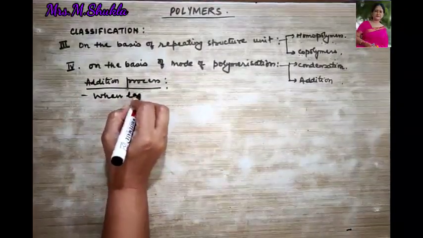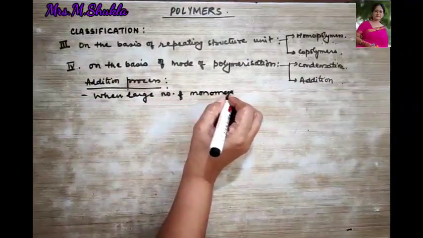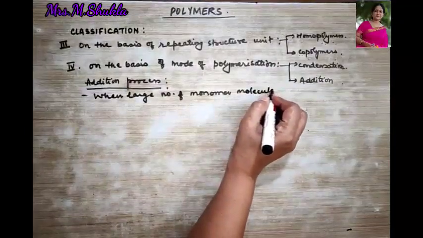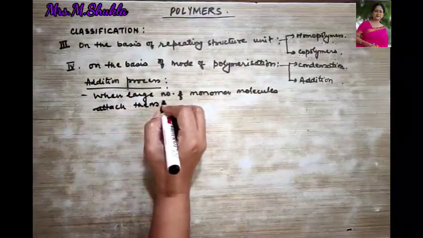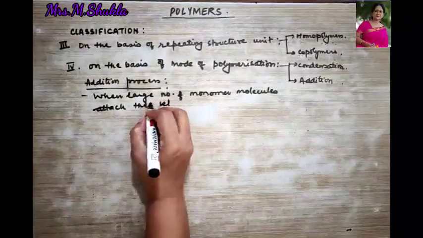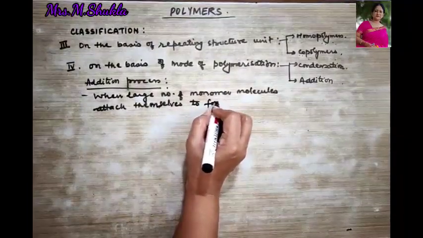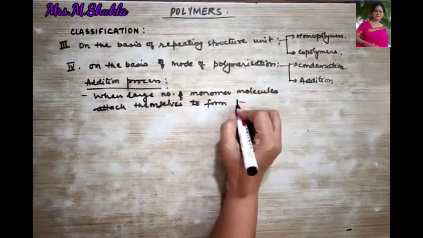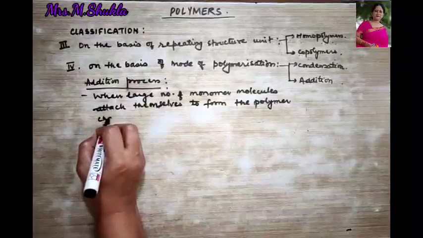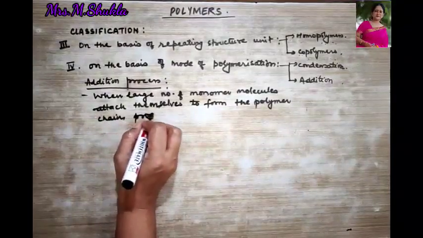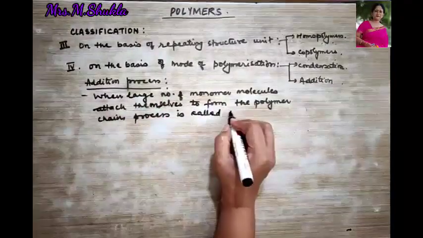That when a large number of monomer molecules attach themselves to form the polymer chain, okay, the process is called what? The process is called addition process.